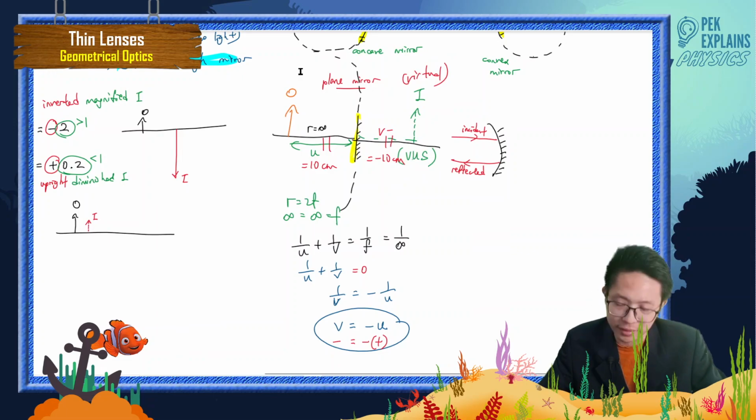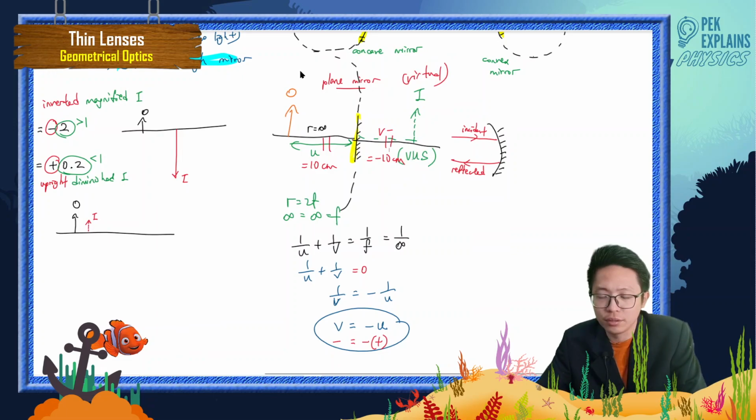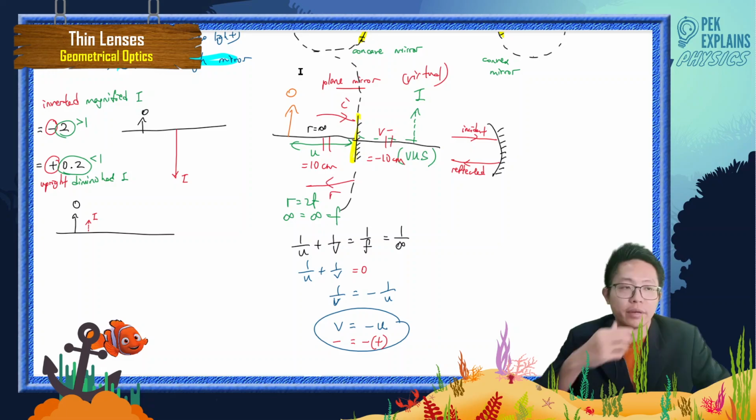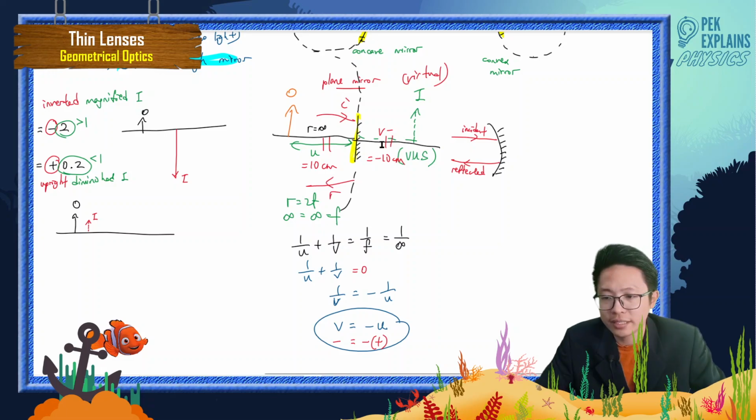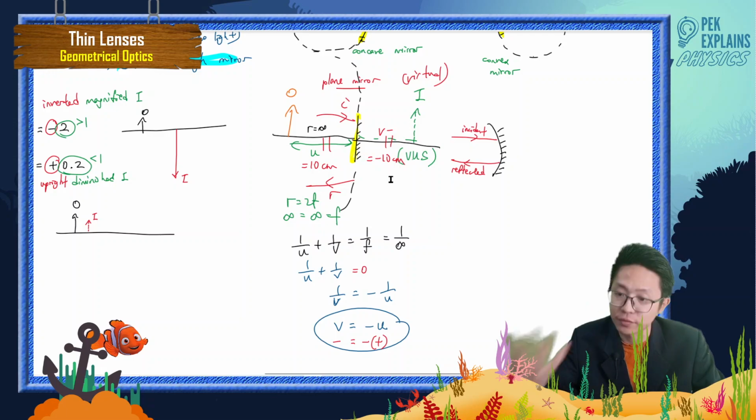Last time you remember the incident ray and the reflected ray. The reflected ray and the image distance are on opposite sides, so this v is negative. That's why I use my method, which can be used for the whole chapter.